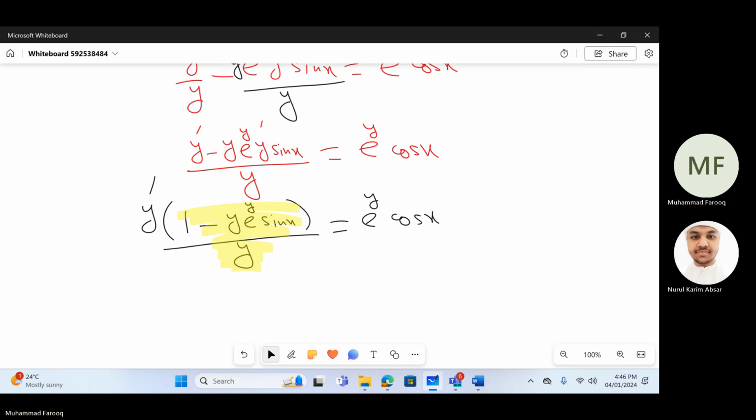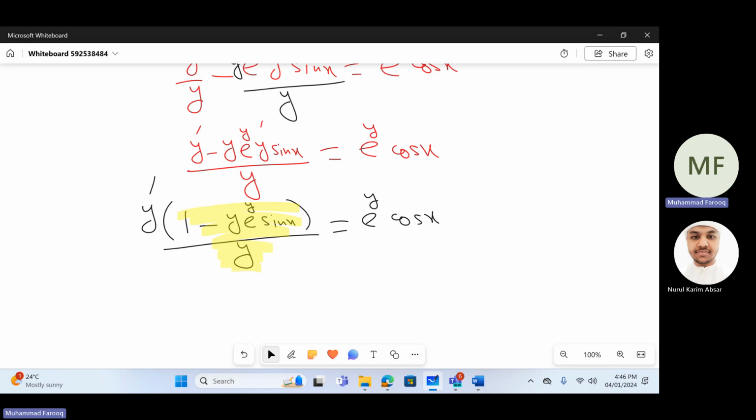Right now, this factor is multiplying. So when you send it to the other side, no sign change. The sign changes if that part is adding or subtracting. If the factor is multiplying or dividing, when you send it to the other side, the sign does not change, please.